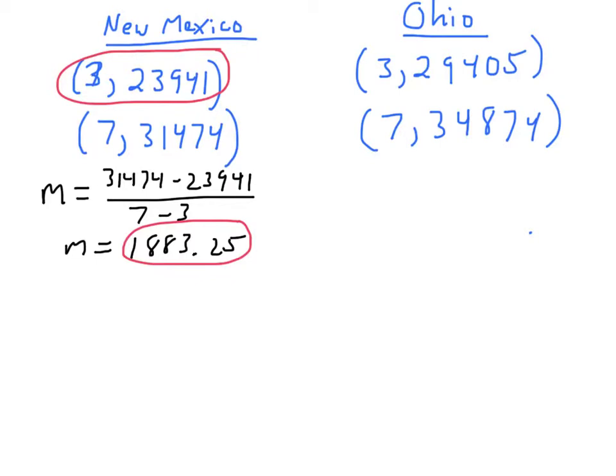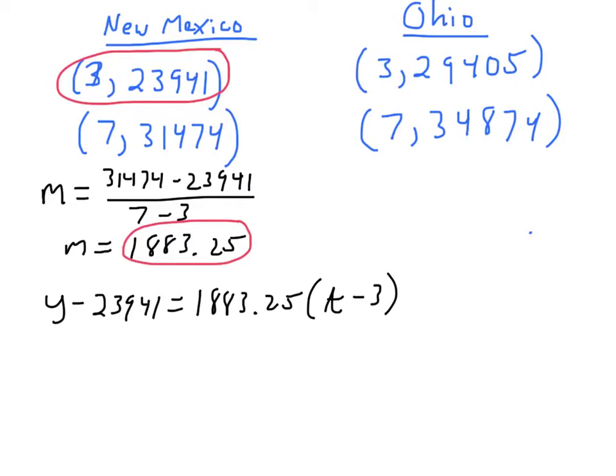So we would have y minus 23,941 equals 1883.25 times the quantity t minus 3. Notice I'm using a t in place of the x because we decided to use t for time. Then once you distribute this out, which will be your next step, you'd have to add 23,941 to both sides to get the y alone.